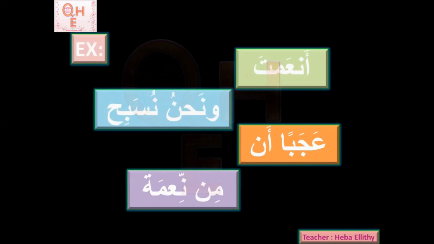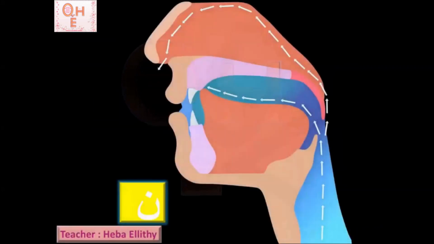The mistakes I hear most of the time from non-Arabs in letter noon. Two main mistakes. Focus. First mistake, they make the noon heavy, and noon is light. They say un. What is their mistake here? Let's go back to this picture and see.